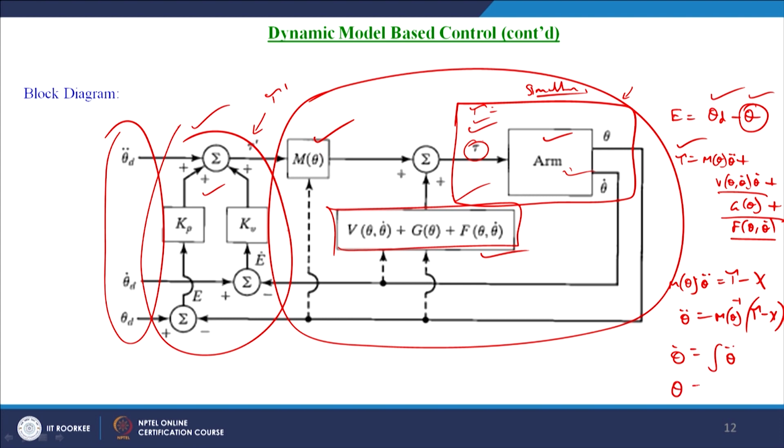Further, theta, which is the joint angle, will be obtained by the integration of joint velocity. So, this is how we obtain the actual joint trajectories from the manipulator given the joint torque.